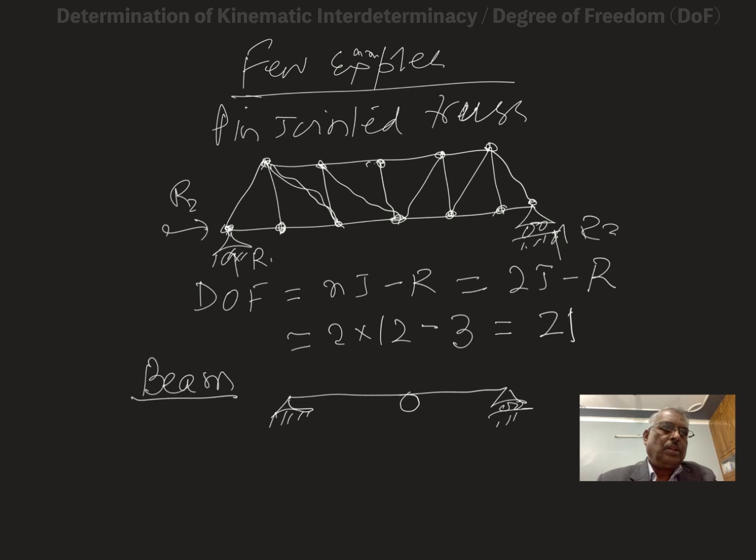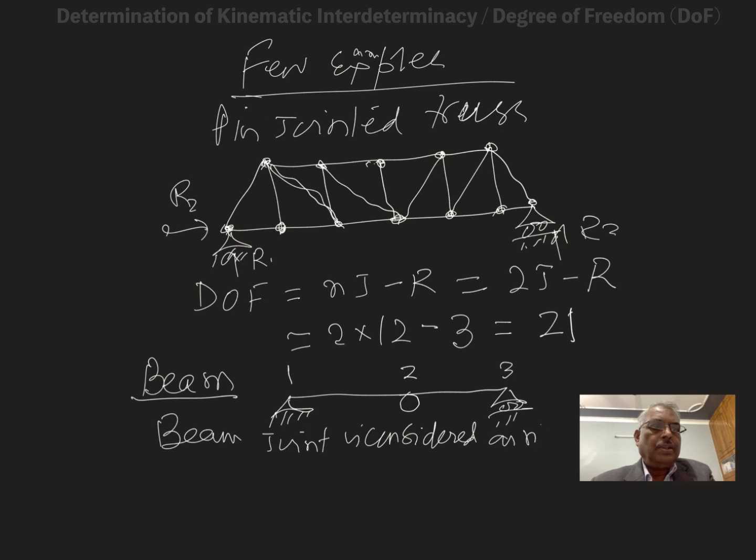Now we are going to find out how much the degree of freedom is. So the joints are 1, 2 and 3. Beam joints are considered as rigid.